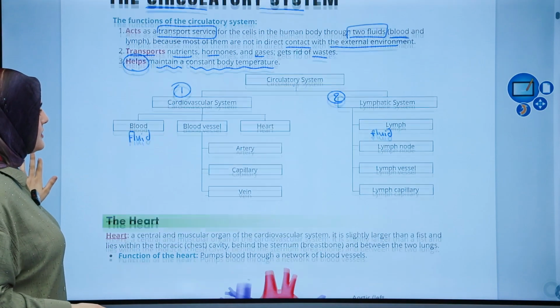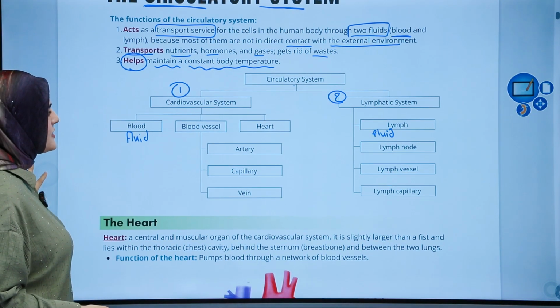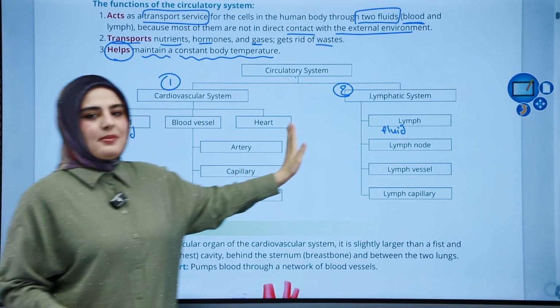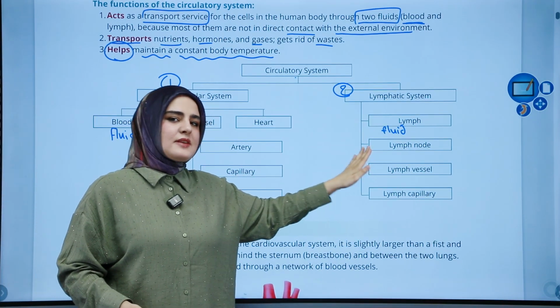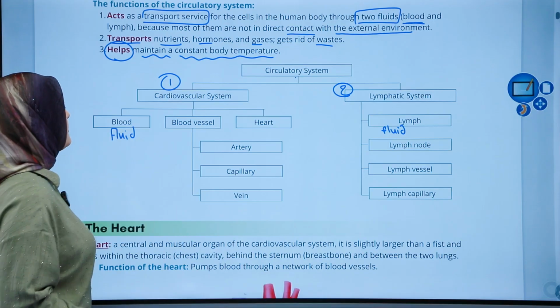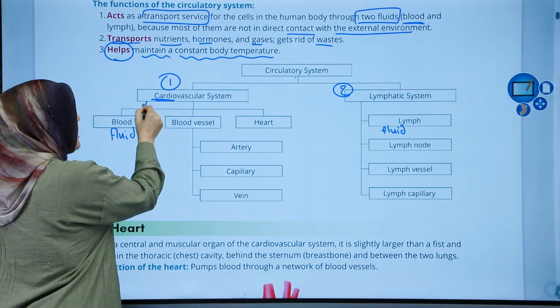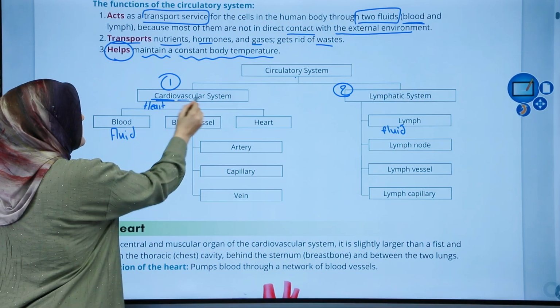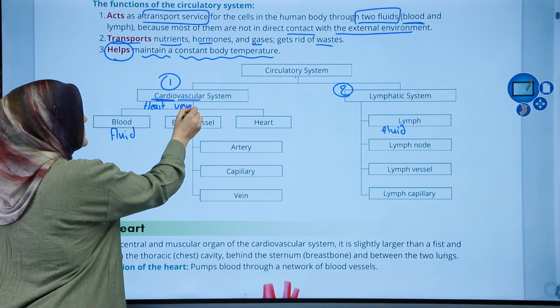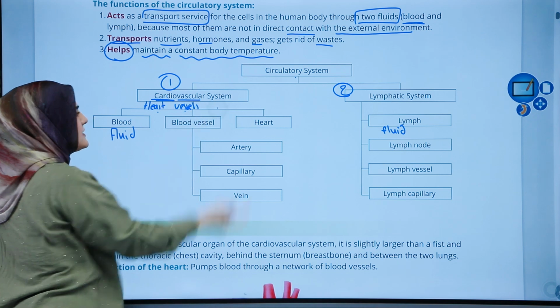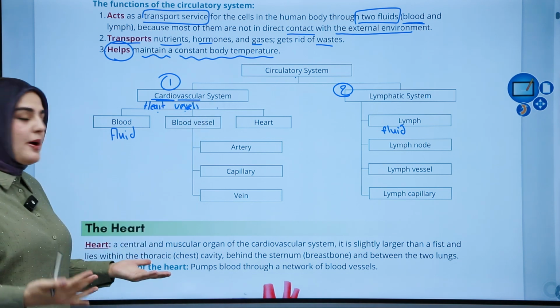Those are the circulatory system's functions, and let's learn about circulatory function. This I'm going to keep till the end of this section. This side, however, is the cardiovascular system. The word cardio means heart. Vascular means vessels. So the heart and vessel system, we know about them.